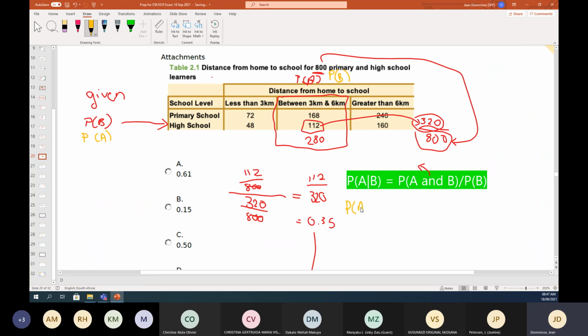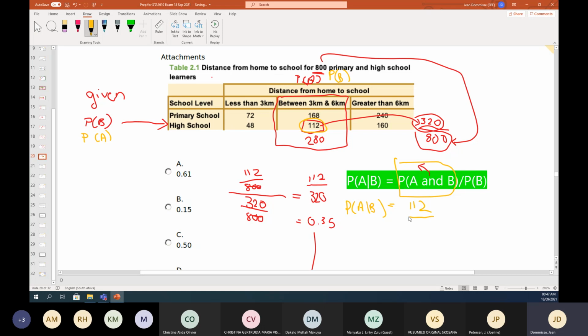So we keep it as probability A given B. I still want that one, but I just want to know if it is given the 3 to 6 kilometers. So you would see your AND stays the same. So your AND stays 112.